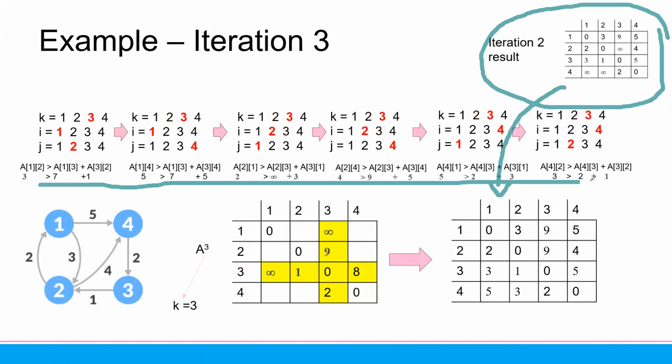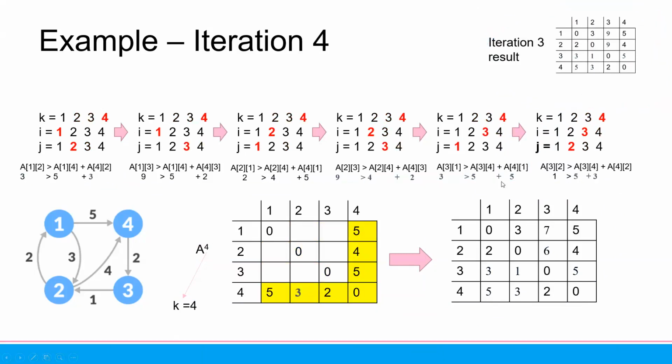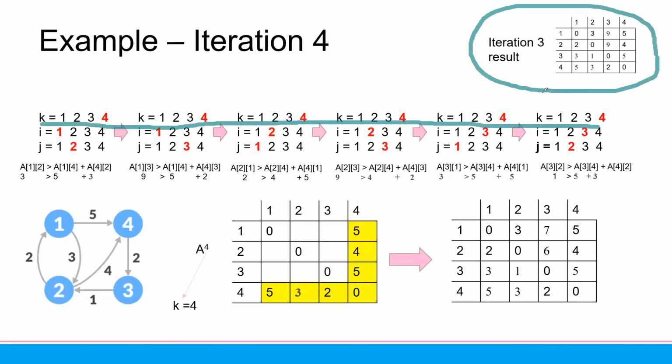With this information, we can update the result, and then again we will update until the last one, which is k equals 4. Last time I didn't put k equals 4. Now I have updated it with k equals 4. This is the result from iteration 3, and it is used to update A4.